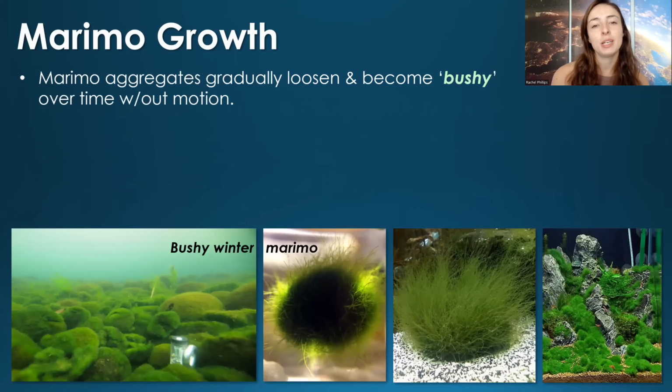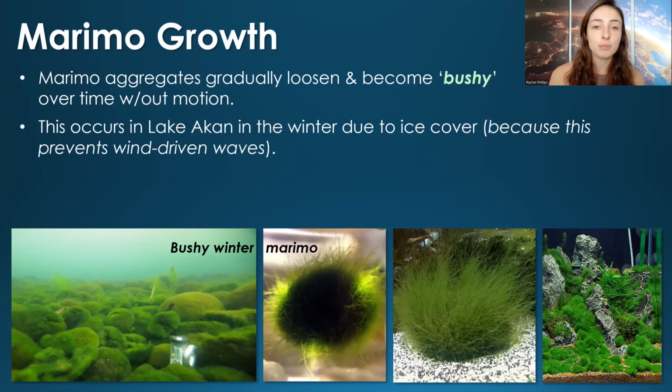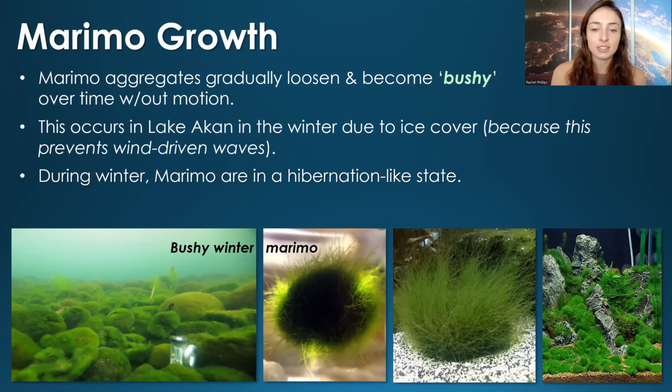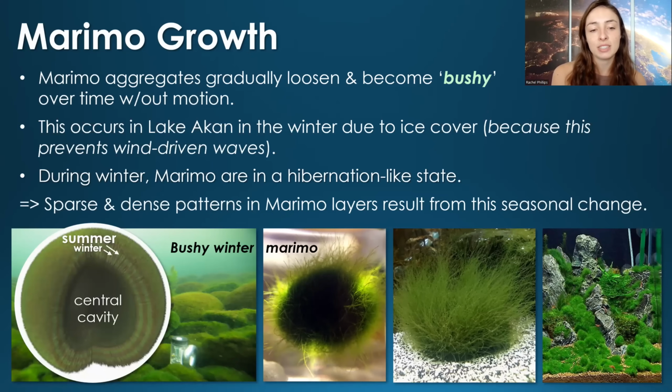In other words, they become kind of bushy and loose during the fall and winter, which is due to the lack of motion because the lake is covered with ice. This ice cover prevents wind-driven waves, and thus they're in a kind of hibernation-like still state during the winter. So the sparse and dense patterns within Marimo annual layers result from these seasonal changes.